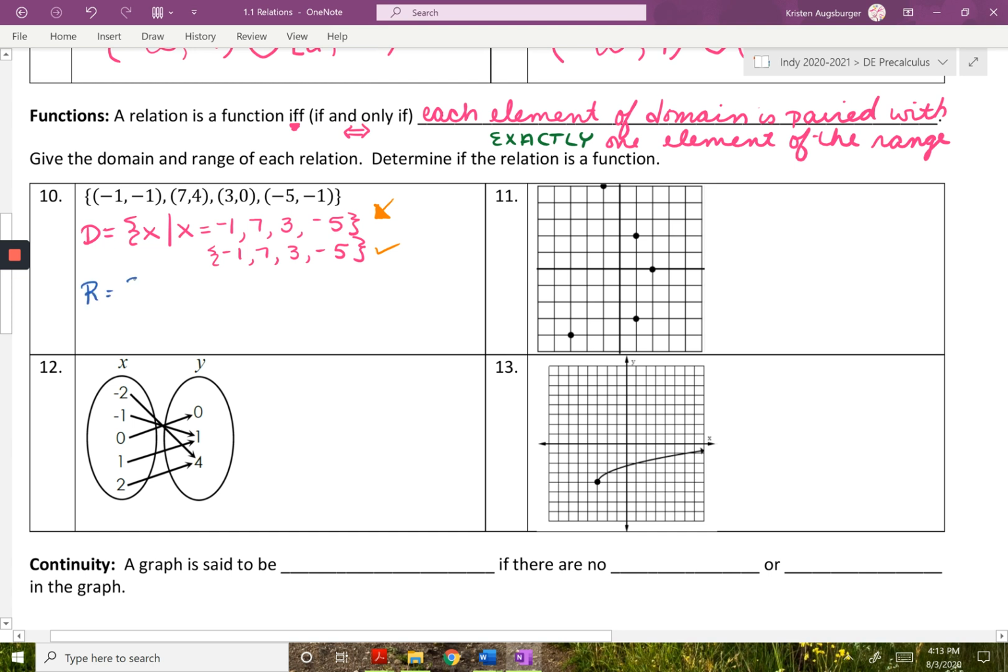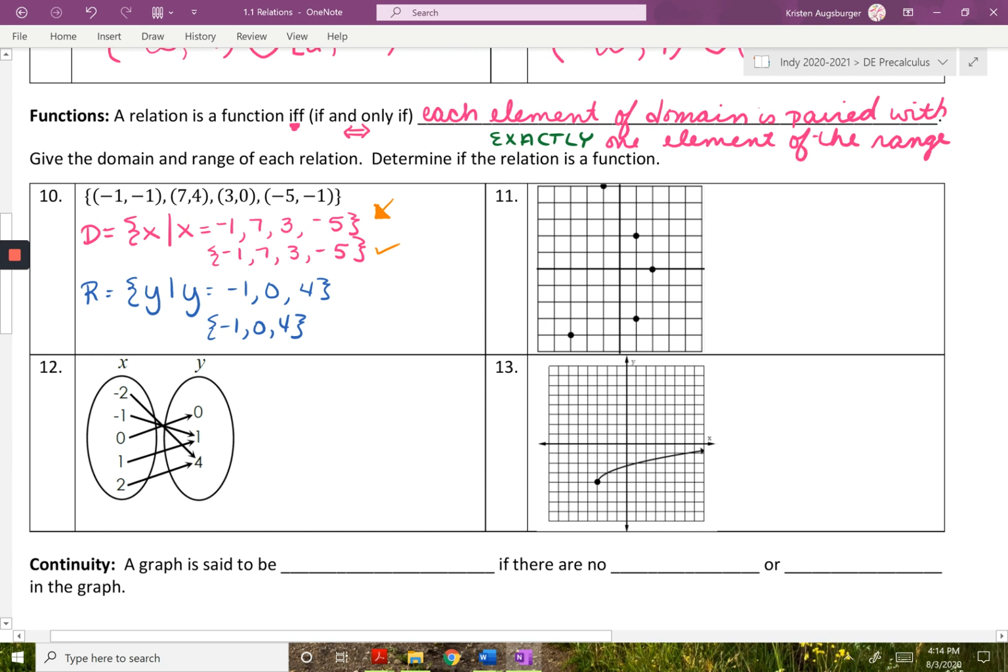This is the range. The range is the set of y such that y is 0 and the other listed values. You can write that as a list as well, that's fine.